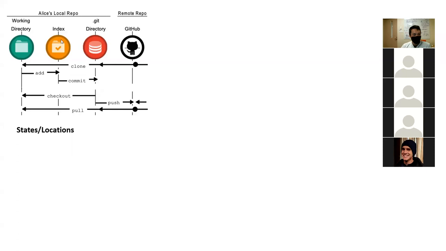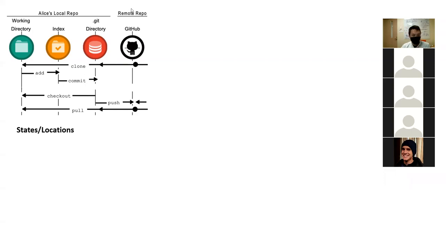So we're already familiar with the working directory, which is simply that folder that we were working in. And you saw me do a commit, and hopefully you're following along. So I'll explain a little bit more about these other states. Up here, this is all happening in the local repository on Alice's computer.